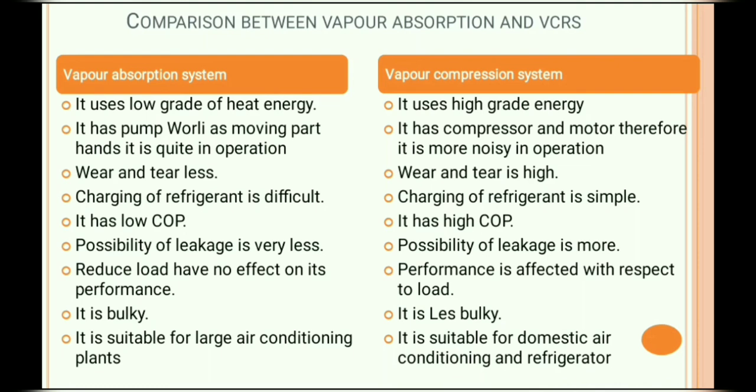But the vapor compression system works at high pressure, which is why the chance of leakage in the vapor compression refrigeration system is high. Therefore, the possibility of leakage is more in the vapor compression system, and very little in the vapor absorption refrigeration system.